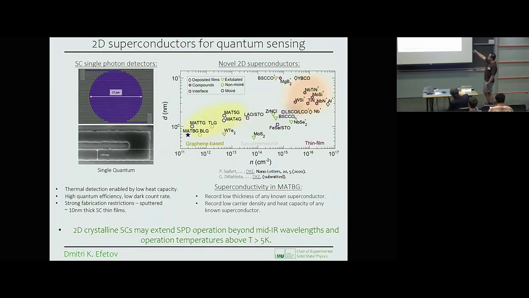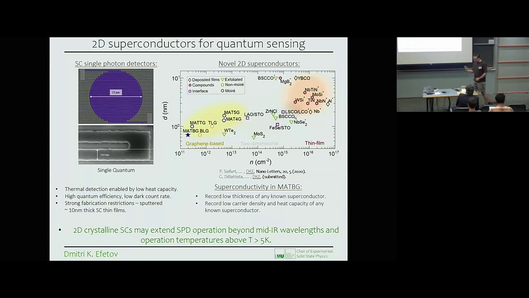Here is a chart of novel superconductors. Two-dimensional materials are usually much thinner than traditional superconductors. They usually have a much lower carrier concentration and therefore a much lower heat capacity than traditional superconductors. This carrier concentration can be orders and orders, six orders of magnitude, lower than in traditional superconductors.